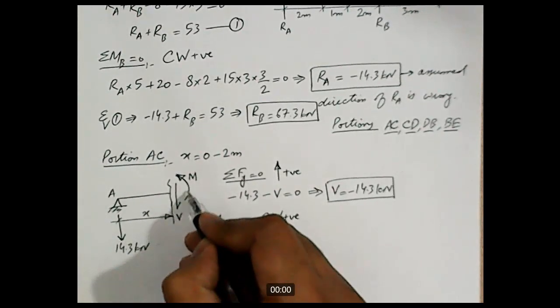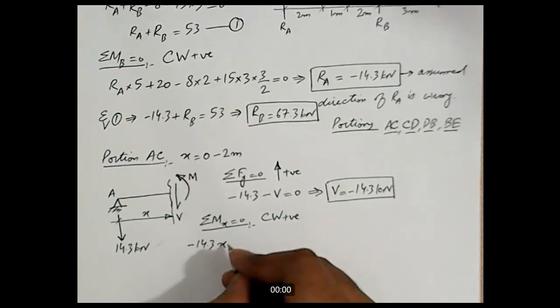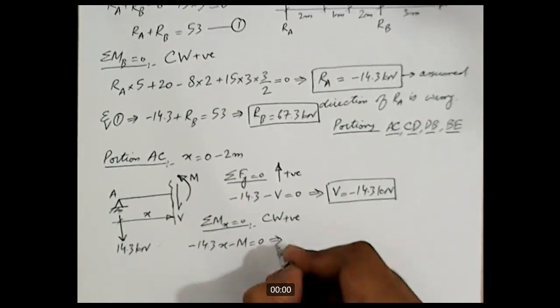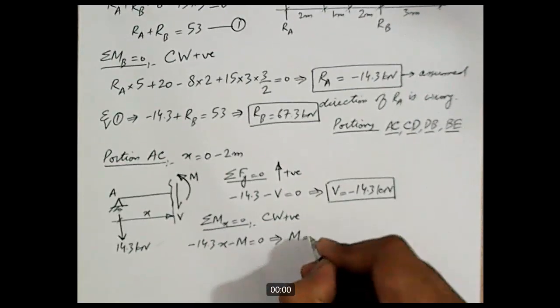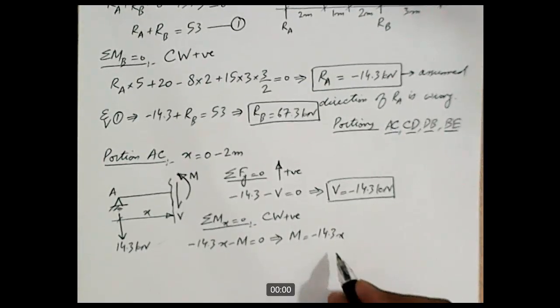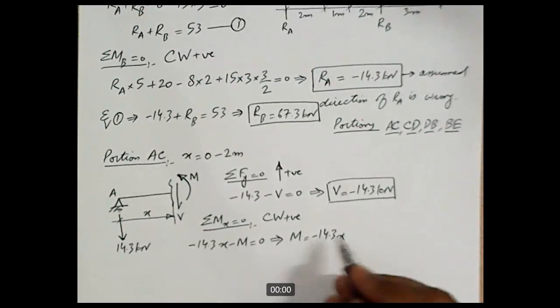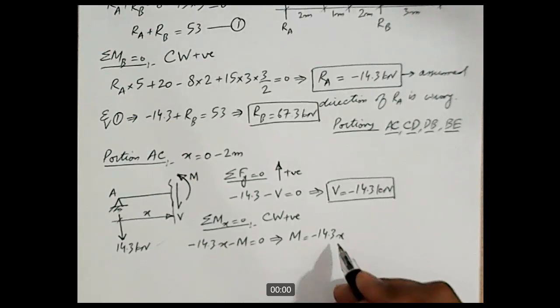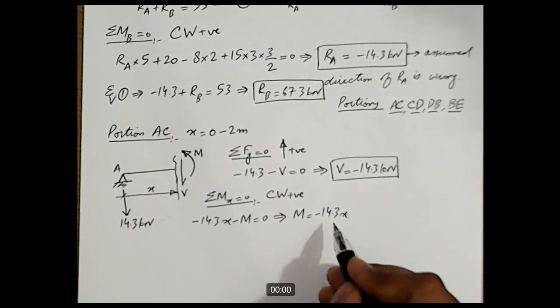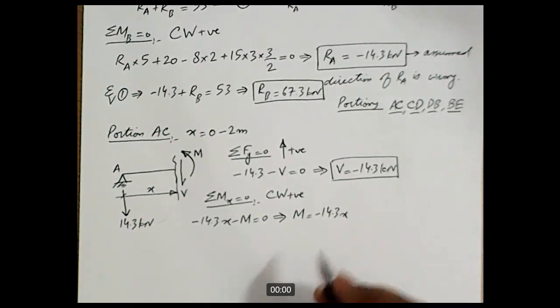Then we have this moment M in the counterclockwise direction, so minus M, and that should be equal to 0. If I rearrange this, I get M equal to minus 14.3 X. Now in this equation we have the variable X. It means that the value of bending moment is not constant throughout the length of this portion, so we need to calculate the value for point A as well as for point C.